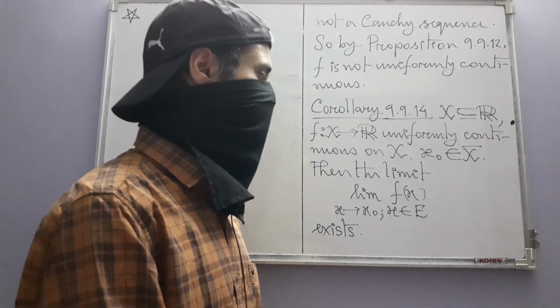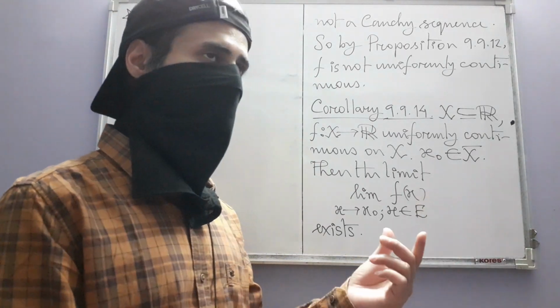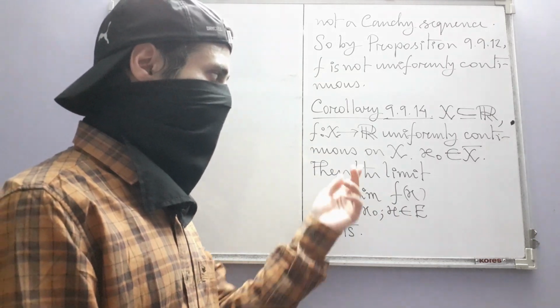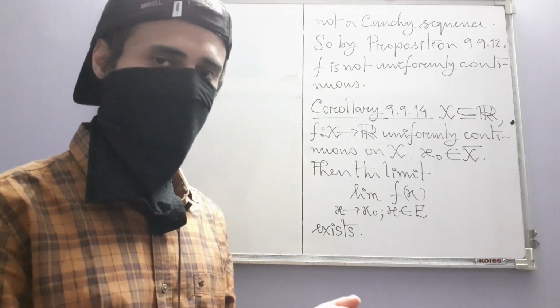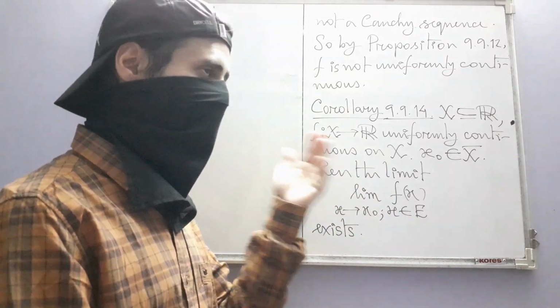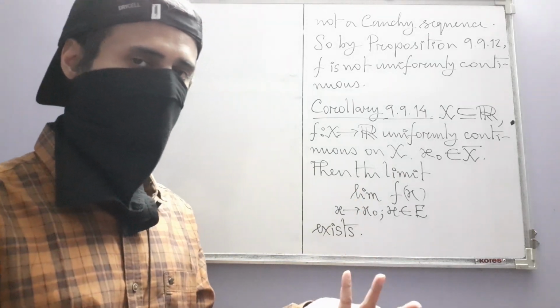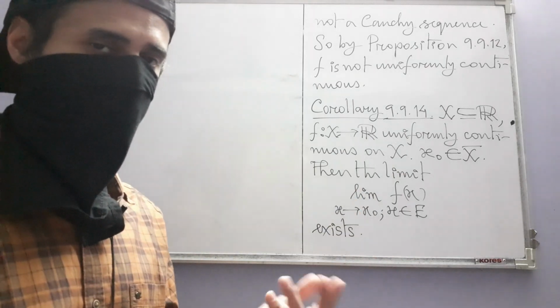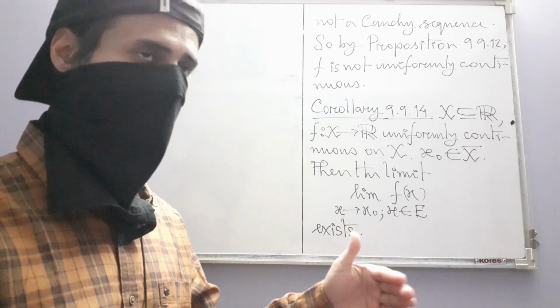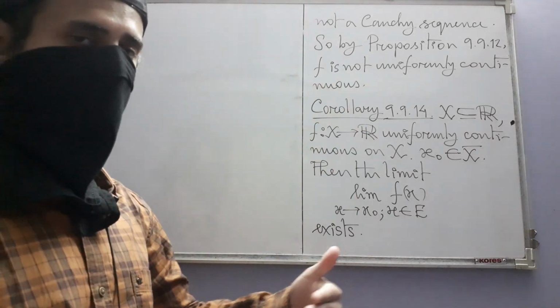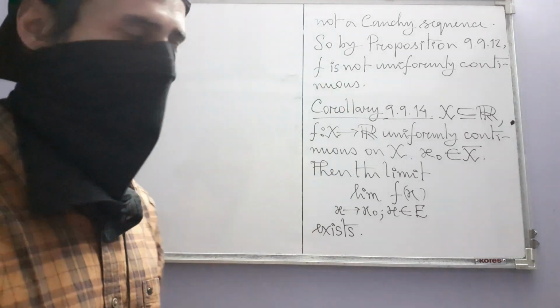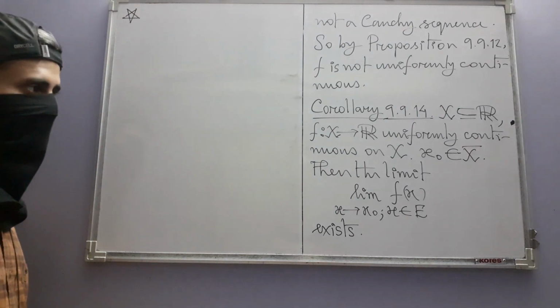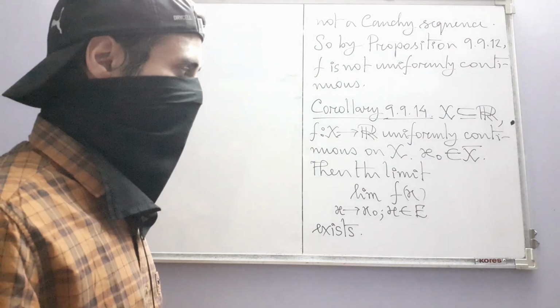For example, in the very beginning, we considered the reciprocal function 1 over x, where the domain is 0, 1. It is continuous at every point in its domain, but it is not bounded. The value goes without any bound, it grows like that. So boundedness is not necessary.